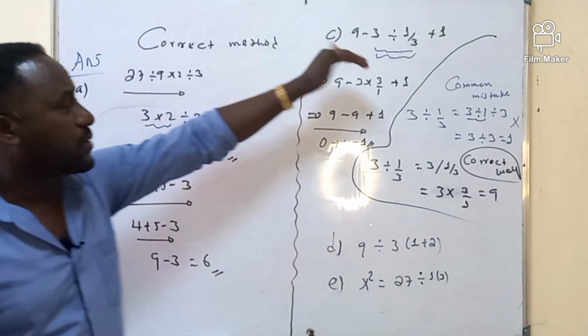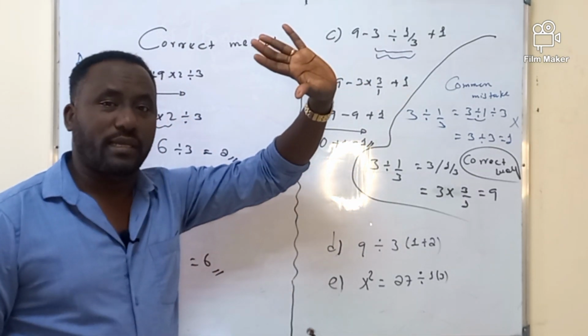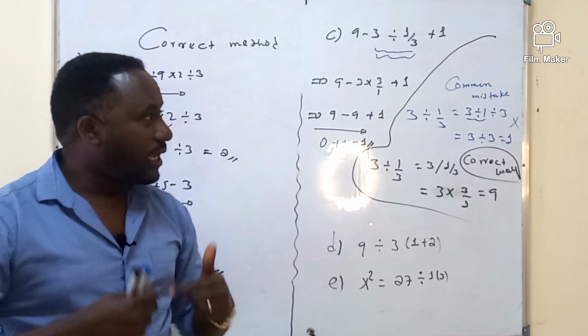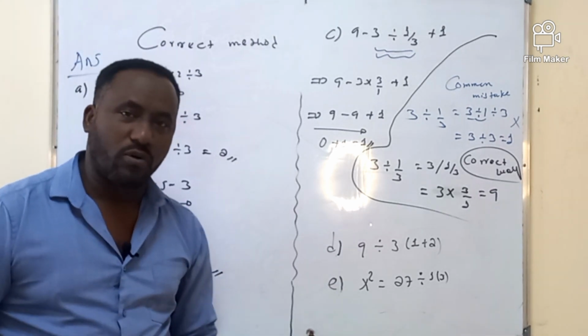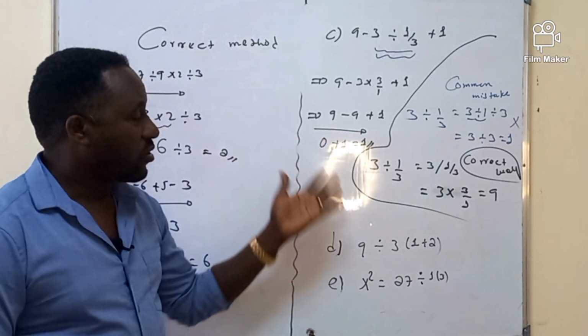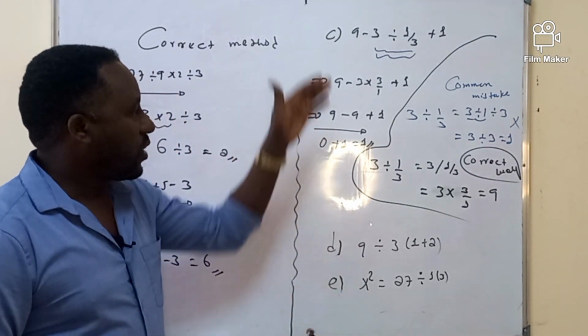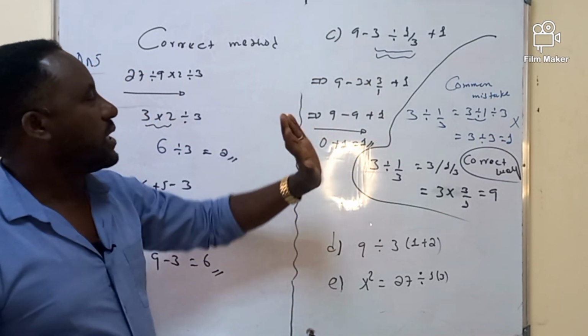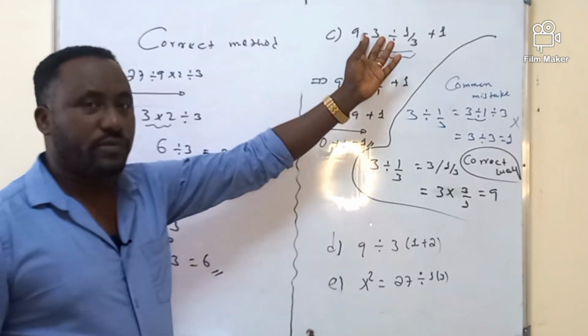In the case of this problem, you have to be very technical. Unless you know the order of operations, you may miss the correct solution of the given problem. So you have to first do this division.